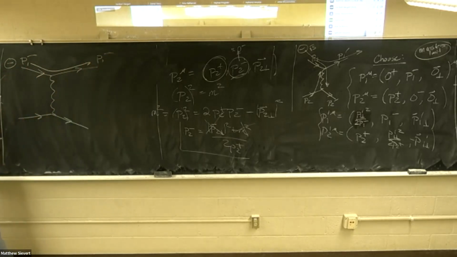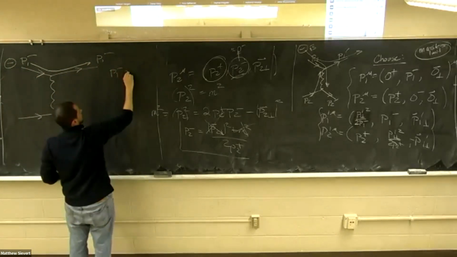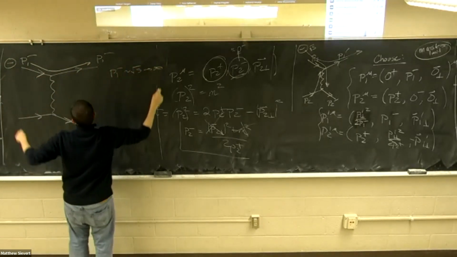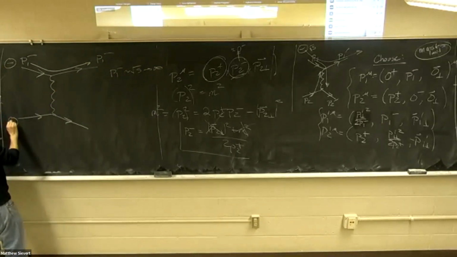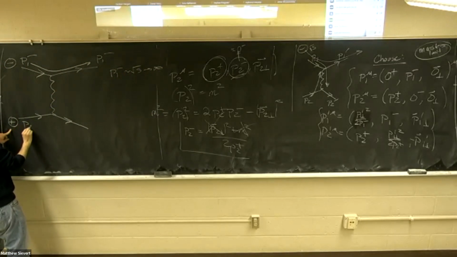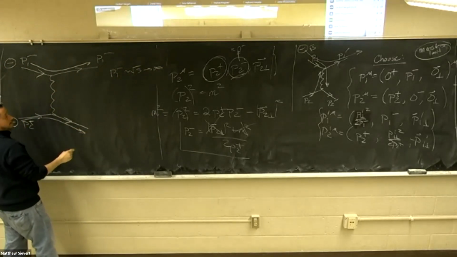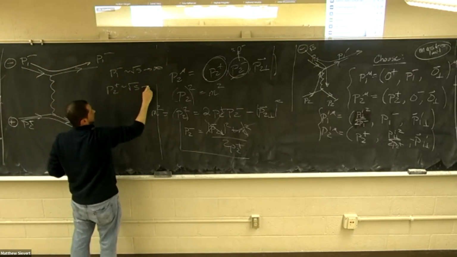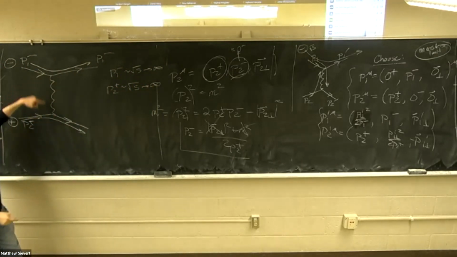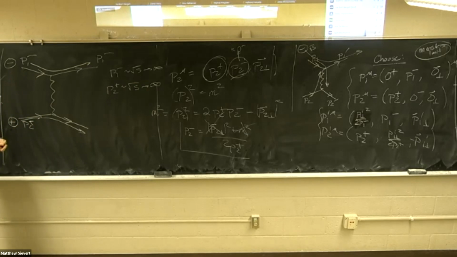The same huge amount of momentum, P1 minus going to infinity, flows straight in and straight out. It never passes through a propagator. In the same way, the large P2 plus flows in from the bottom and out from the bottom. That large momentum, which is also of order root s going to infinity, also never flows through the propagator in between.